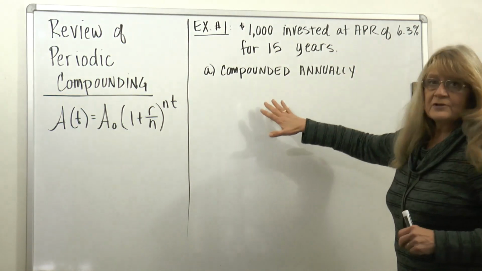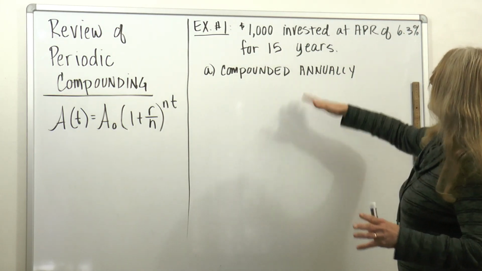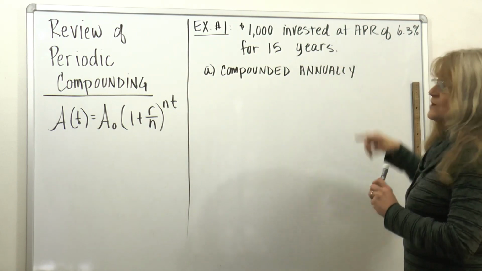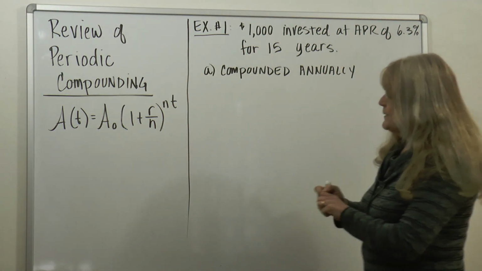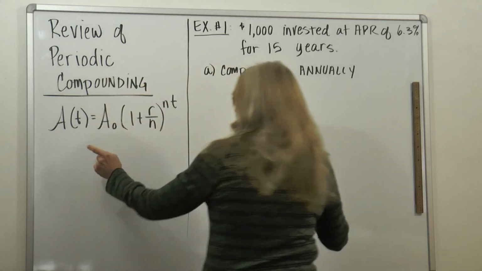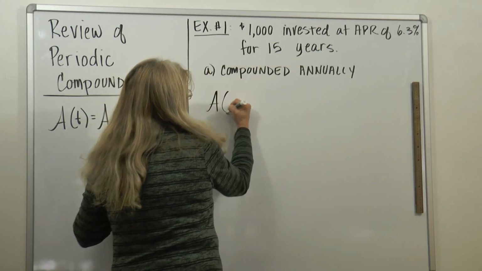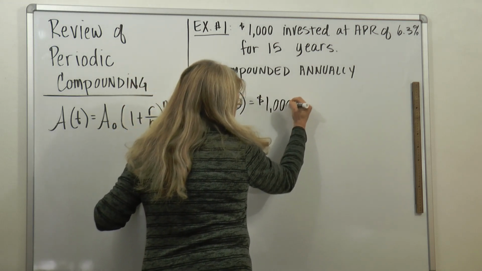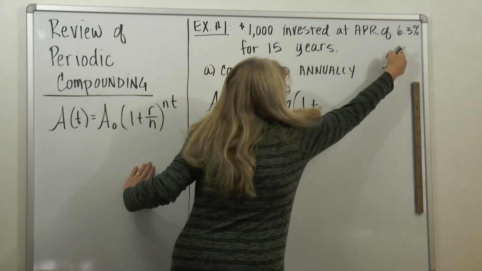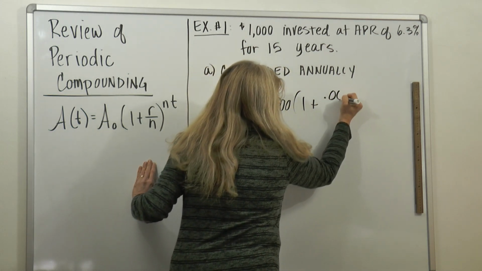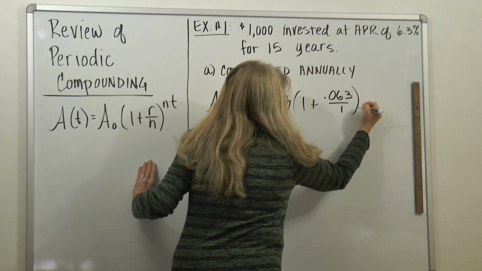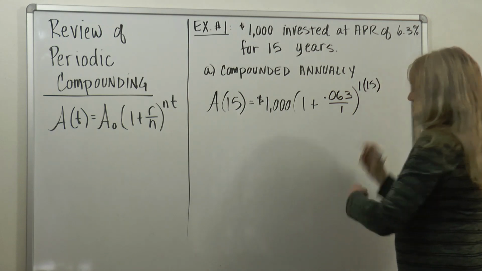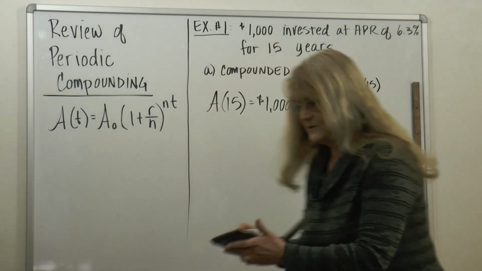Okay, so here's our situation. We're investing $1,000 over 15 years, not going to take anything out, don't put anything else in. Interest rate is 6.3%, compounded annually, and I'm trying to find the ending amount A after 15 years, with an original investment of $1,000. 6.3% is 0.063, and annually is just 1, so our n is just 1, so you wouldn't bother to write it, but just to make it easier to understand.